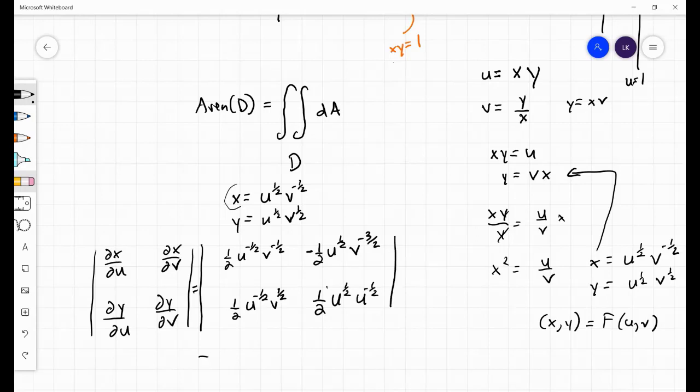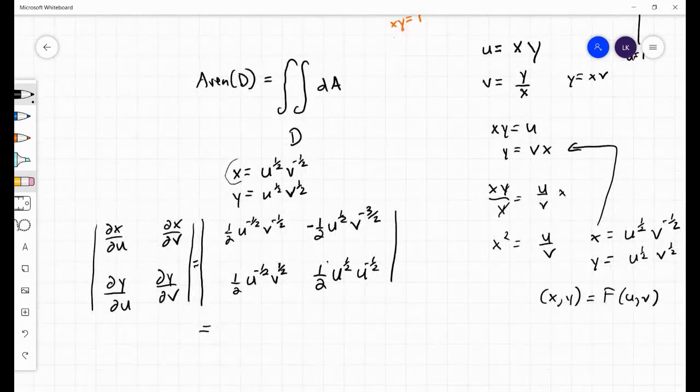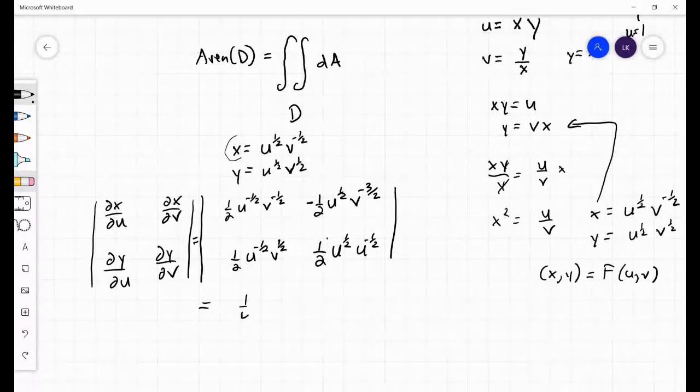And so the Jacobian is the determinant of that derivative. So we compute the determinant and get a quarter. Let's see, u to the 0. Oh no, I did something wrong. Okay. v to the -1, minus, and then a negative, so plus.